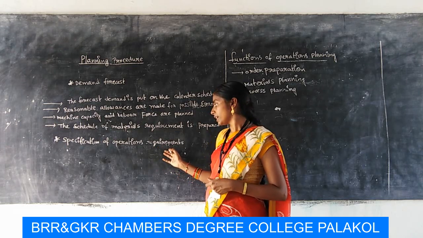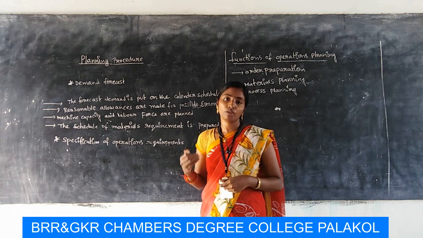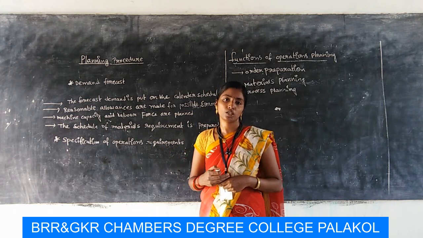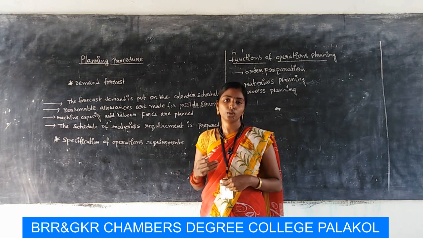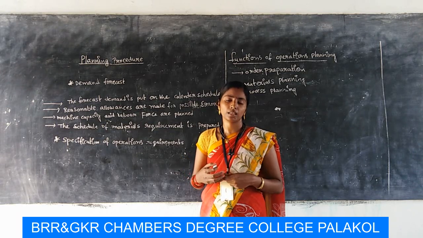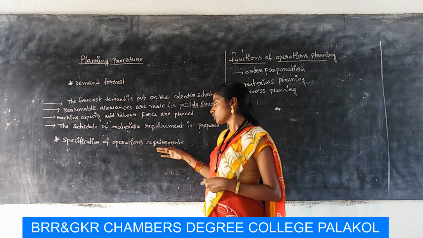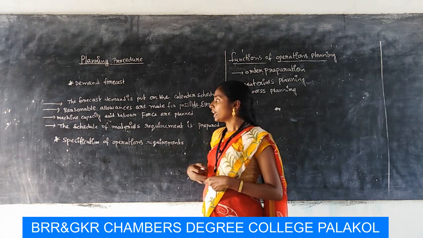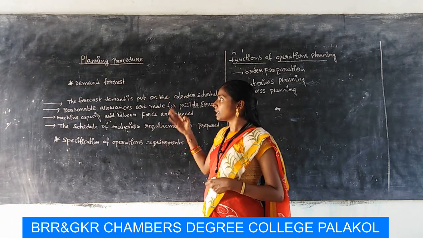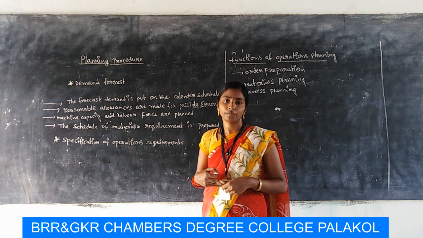You have to specify the operations requirement: in what process the operations are to be followed, what kind of raw materials you have to use. All these items, scheduling and routing, come under the specification of operations requirements. These two points make up the planning procedure for the organization.